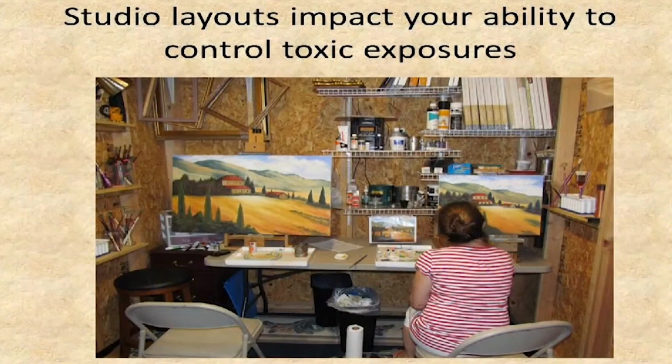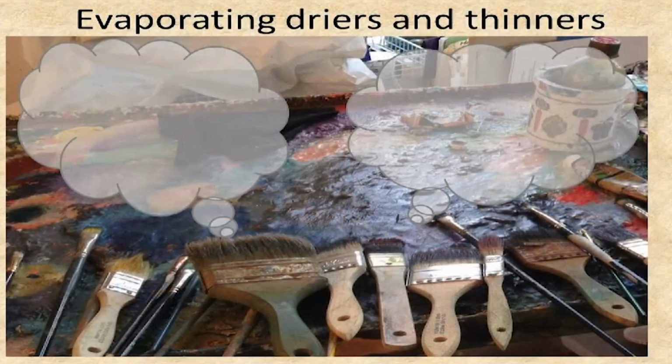The layout of your studio can really impact your ability to control those toxic exposures. If you're in one like this one with no windows to open or source of ventilation, then any exposures you're getting from solvent vapors, you're going to be inhaling. This could be from drying thinners or even dryers that are used inside of the paints themselves, and from your brushes.